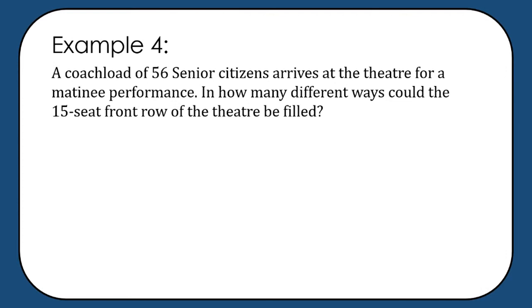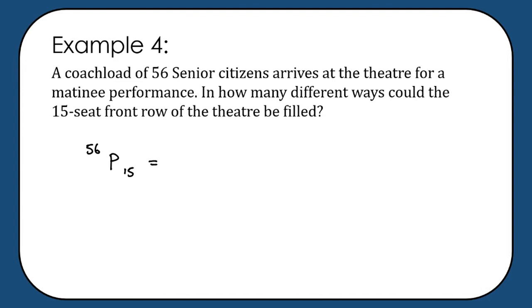So this is certainly where at least understanding that nPr does the same thing is a quicker way to go about this. So we want to arrange 56 senior citizens into 15 positions. So I'm going to go straight to my CAS with that rather than write out a lengthy multiplication.